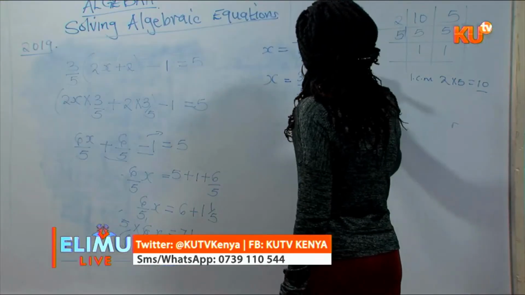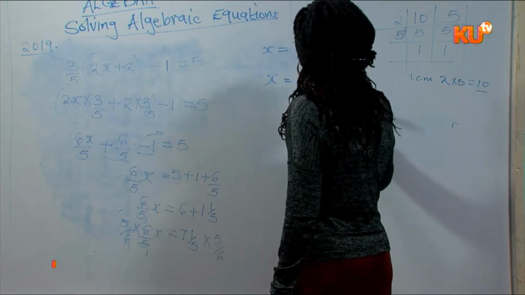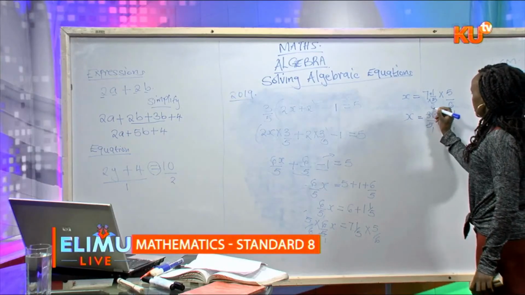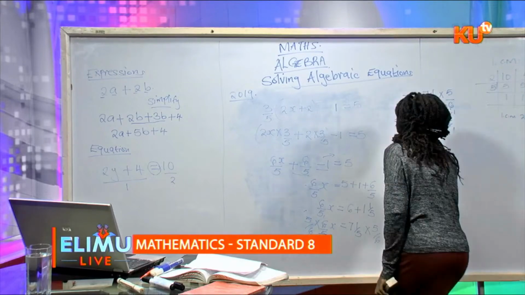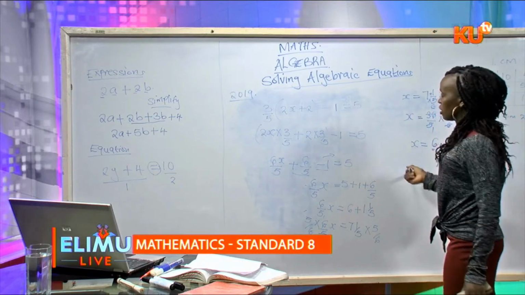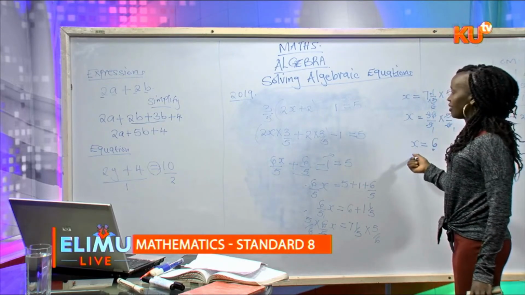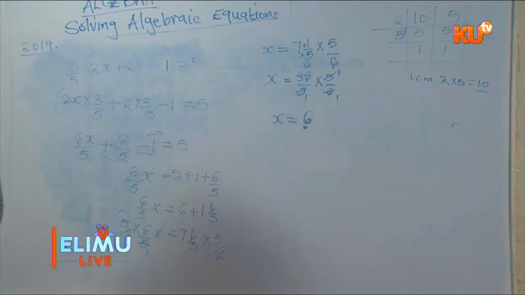We can simplify this by 5, 1, by 5, 1, by 6, 1, by 6, 6. So the value of our x is going to be 6. And that was the question. The question was, you find the value of x, and we have gotten our x. So that is the value of x.